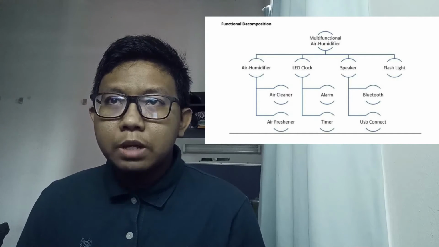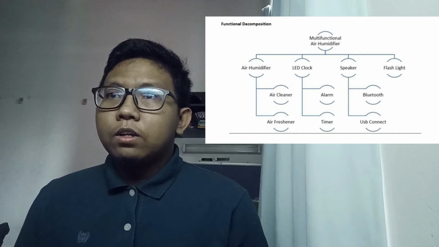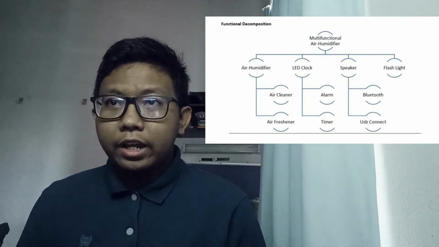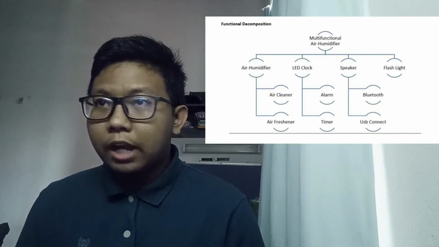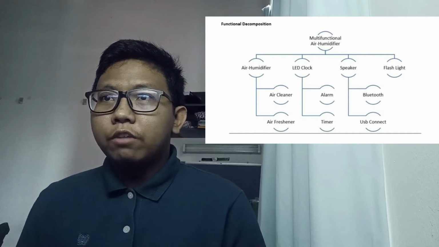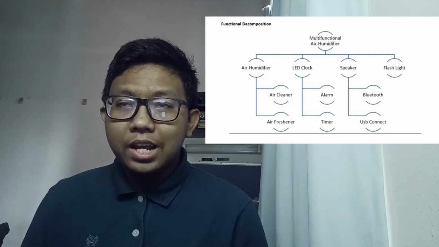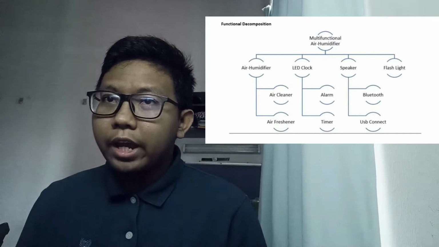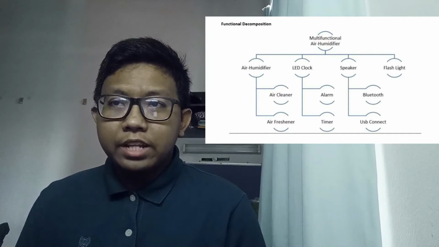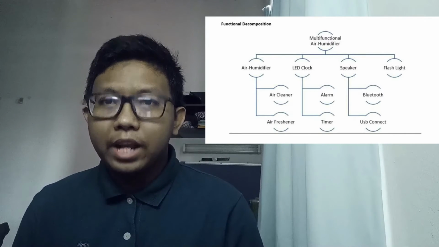The speaker also has 2 systems, Bluetooth and USB connector. The functions available in this air humidifier are air cleaner and air freshener. These 2 things are very important for helping treat and freshen the air. The function of the air cleaner is to clean dirty air such as dust and vehicle fumes, and eliminate certain bacteria. The air freshener functions as a system that humidifies dry air and stabilizes the composition of carbon dioxide.